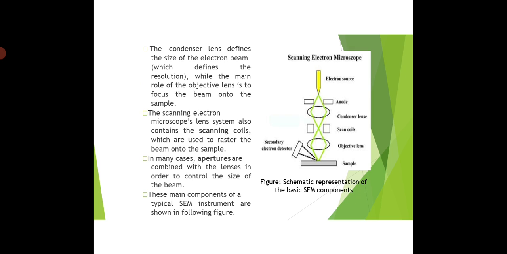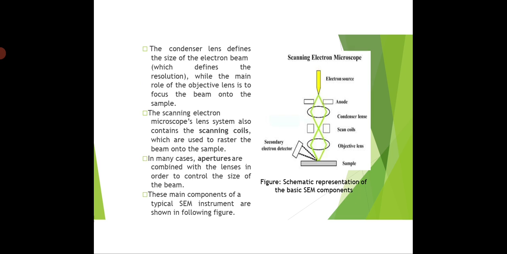The condenser lens defines the size of the electron beam, which defines the resolution, while the main role of the objective lens is to focus the beam onto the sample. The scanning electron microscope lens system also contains the scanning coils, which are used to raster the beam onto the sample. In many cases, apertures are combined with the lenses in order to control the size of the beam.